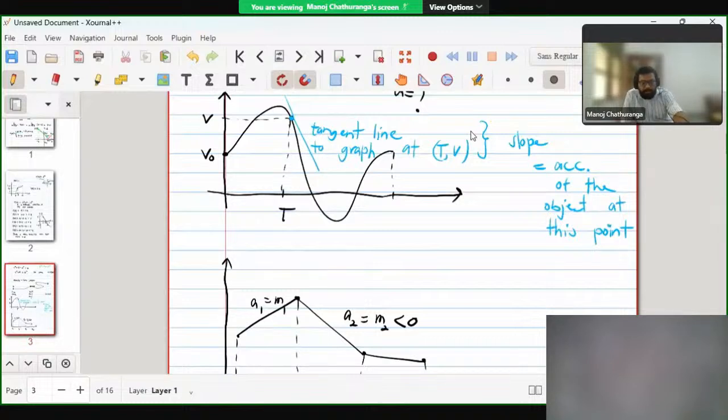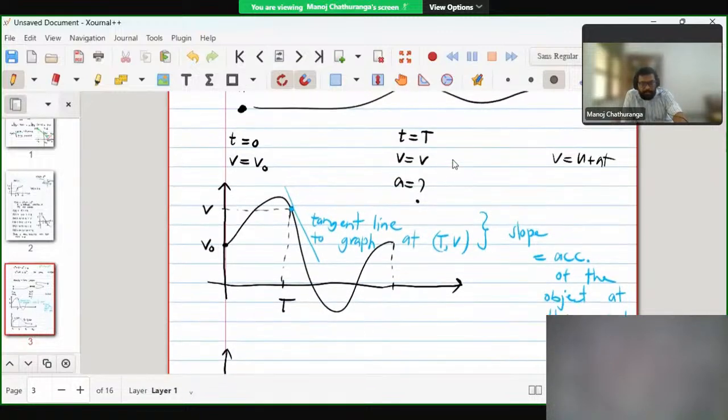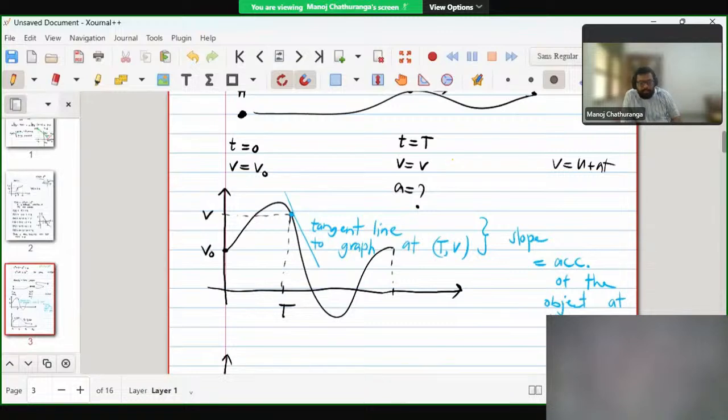Now we have a meaning for that. We have a way of computing this. So all we need is how to compute this. If we know the slope of the tangent line, then we can compute the acceleration.